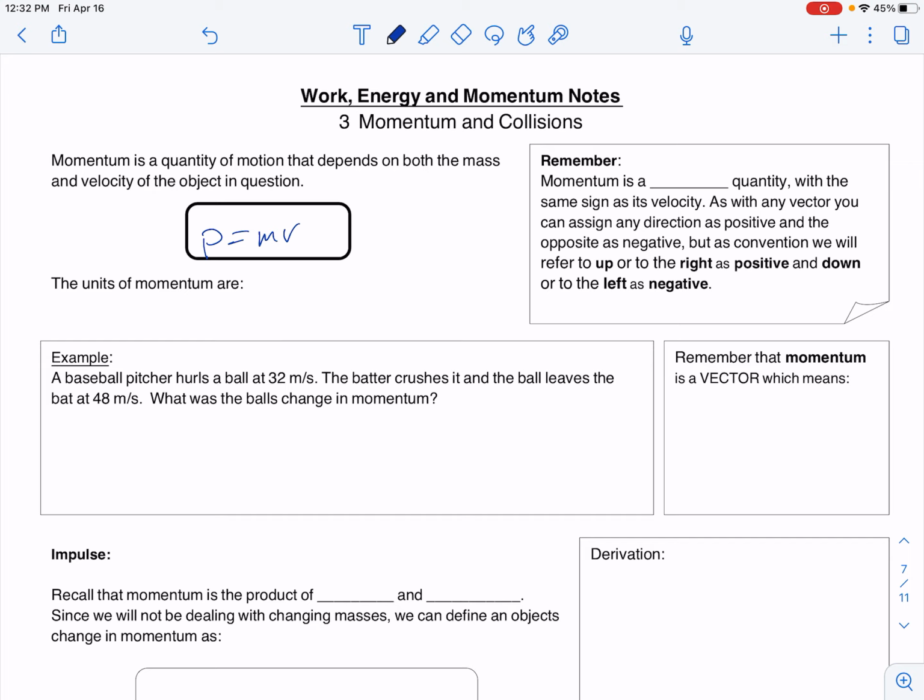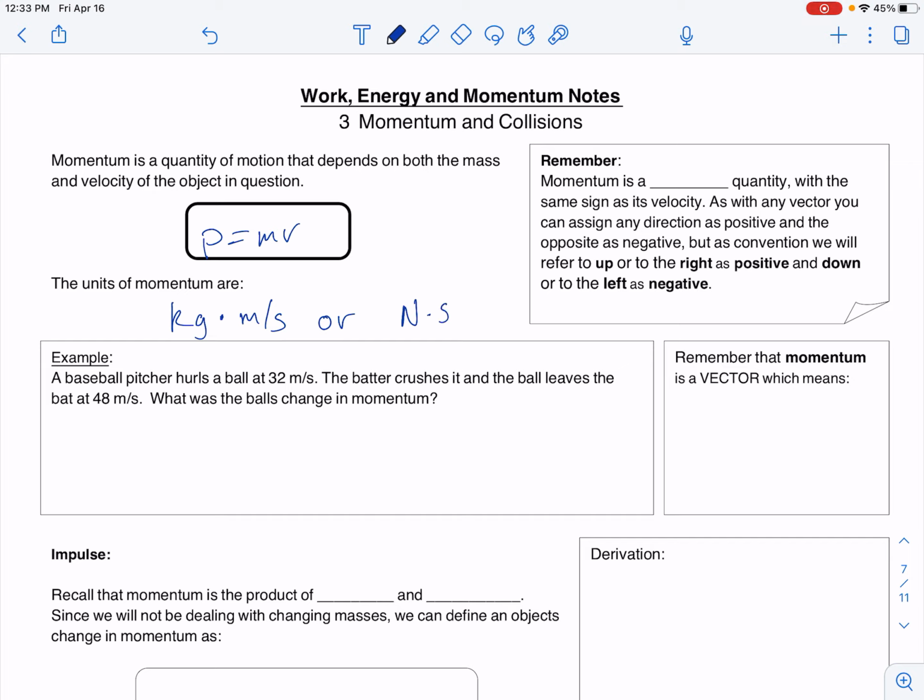So pretty straightforward. Our units for momentum are not easy. Again, our unit for mass is kg, times velocity, which is meters per second. Now, another way we could say this would be newtons per second.